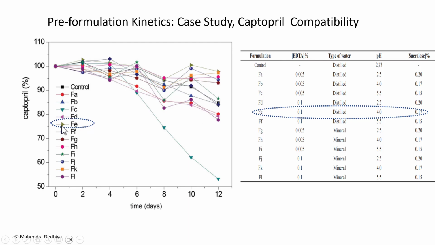Different formulation compositions are shown, and the most promising is formulation FE, shown here as an olive green triangle. It contains 0.1% EDTA and a pH of 4 in distilled water, and sucralose is added to assure that compatibility is done with a sweetener.